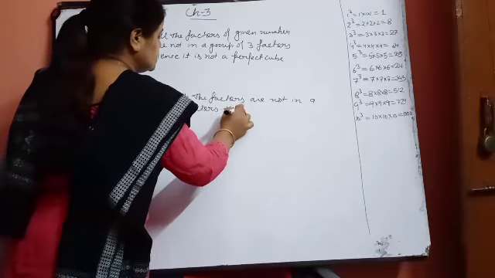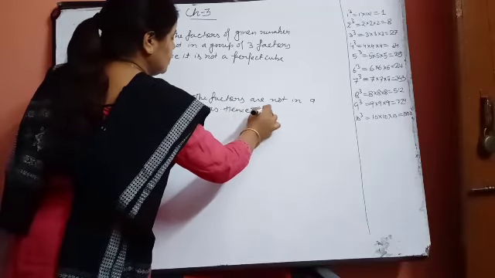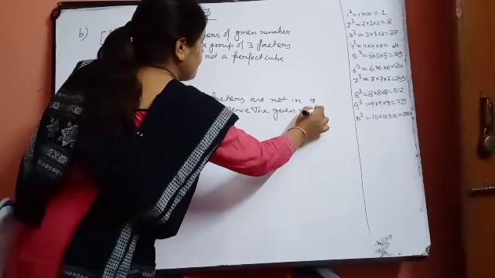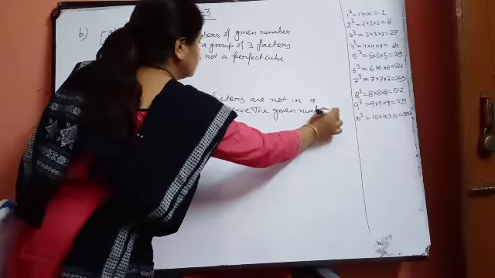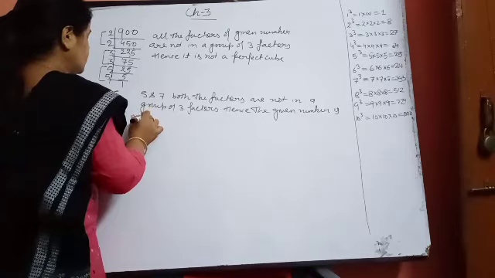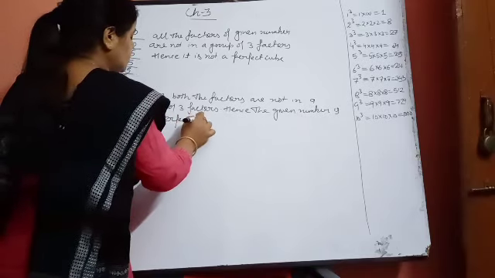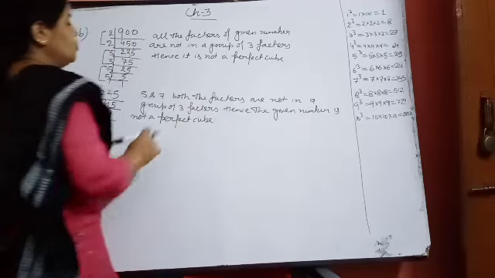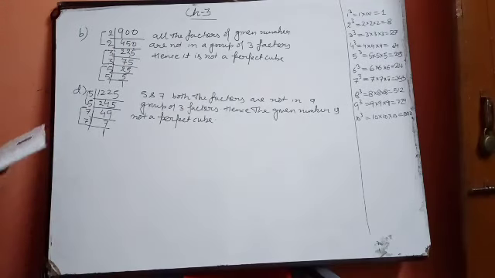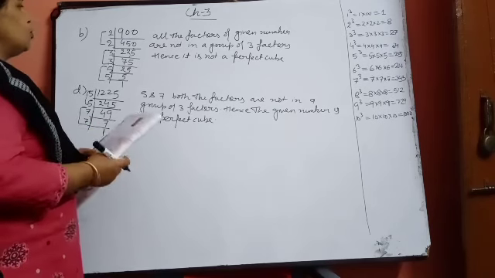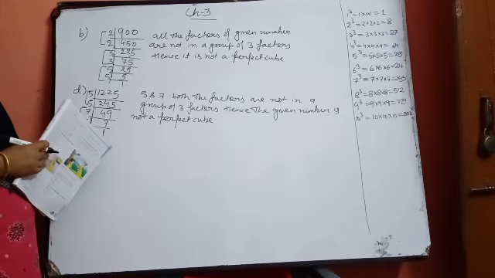Hence, the given number is not a perfect cube. So in this way, the rest 3 parts I have done, 2 parts I am leaving for you, C and E part. So you will perform C and E part yourself.